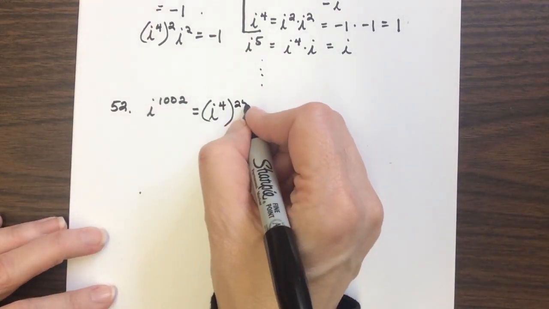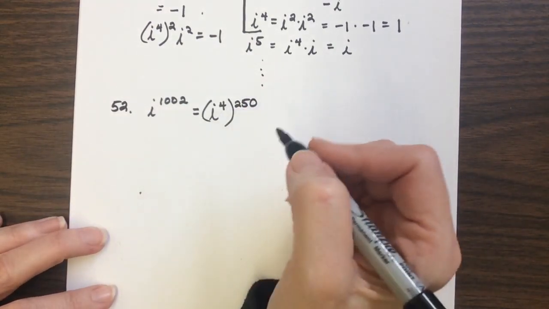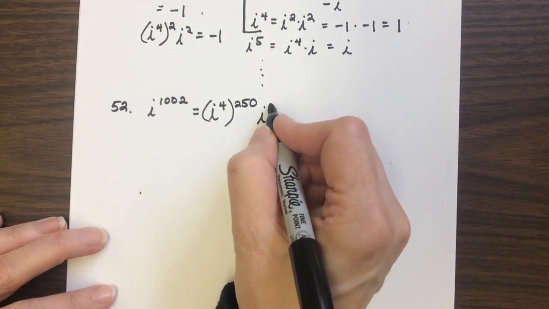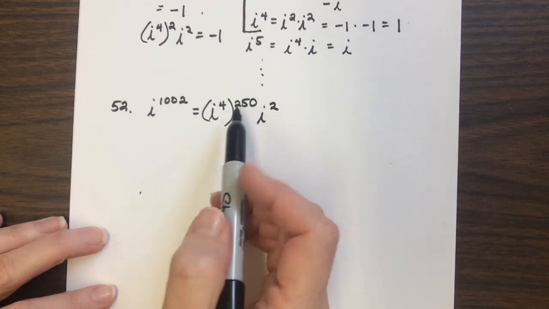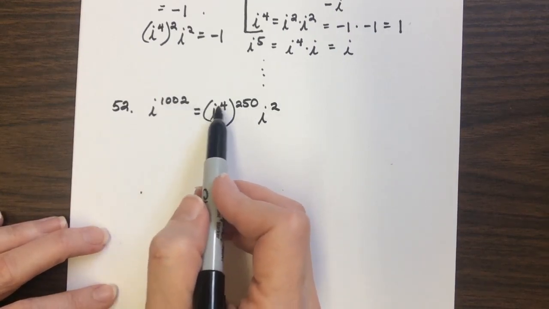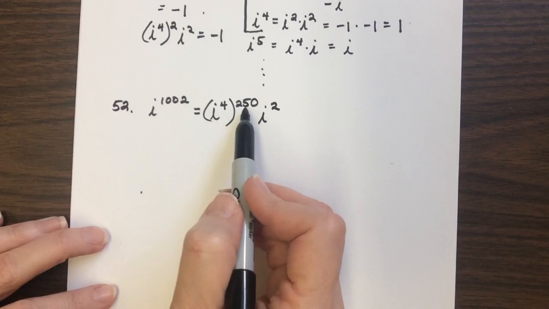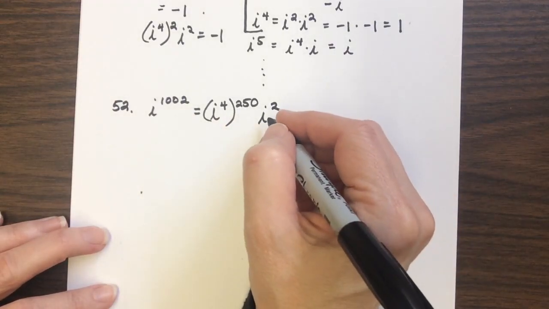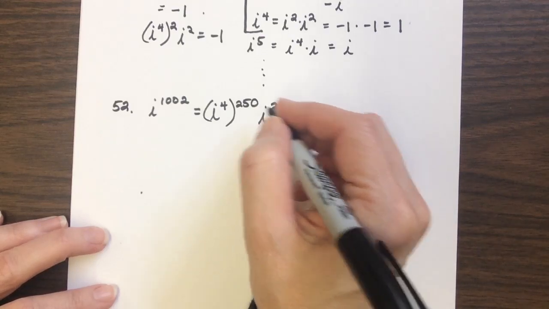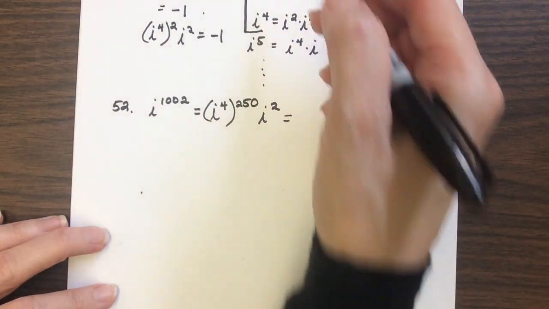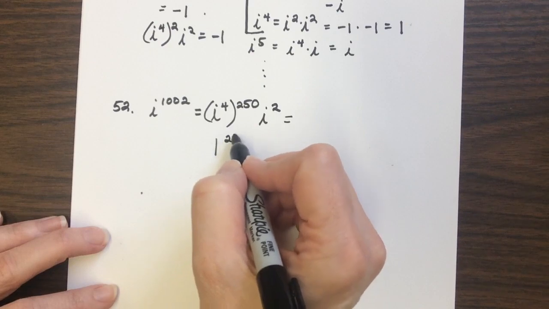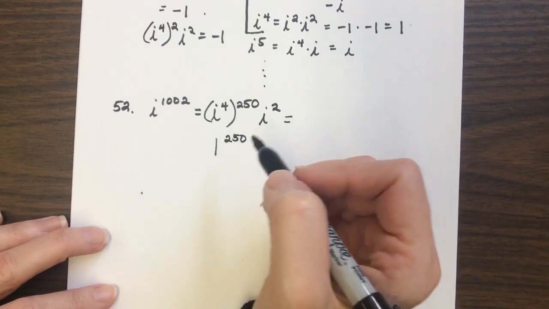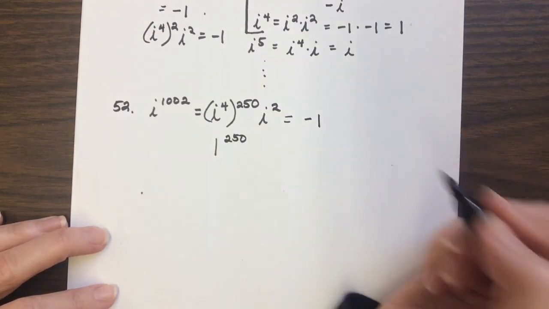Well, 4 times 250 is 1,000, so there is i to the 1,000th, and then I have 2 more left over. See what I did there? I divided that by 4, because that's going to give me my power rule, so i to the fourth, and that goes in there 250 times, and then I am left with i squared. So all this is going to simplify to i squared, because I know this is 1 to the 250, which is trivial because 1 raised to any power is 1, and then i squared is negative 1.